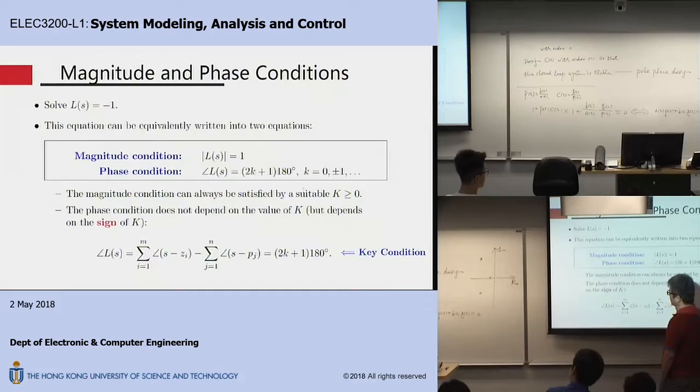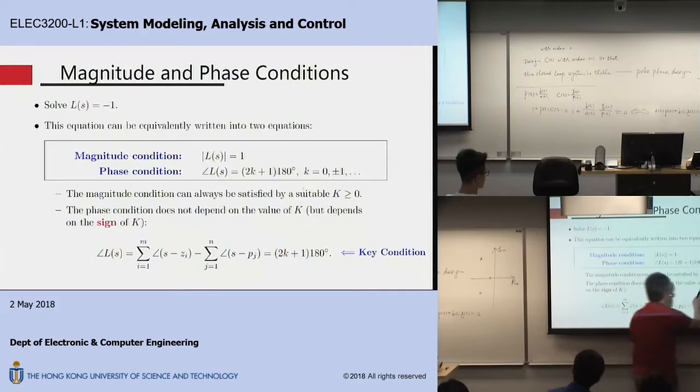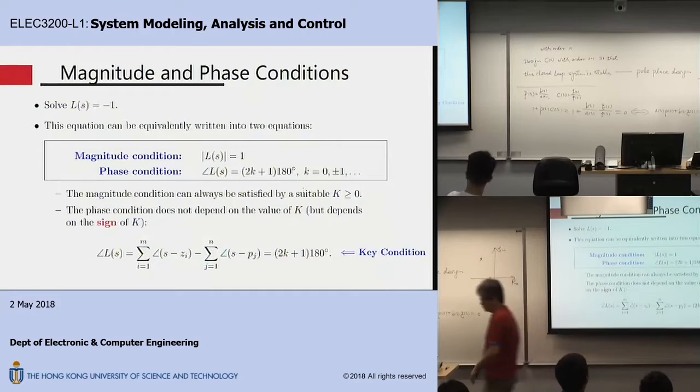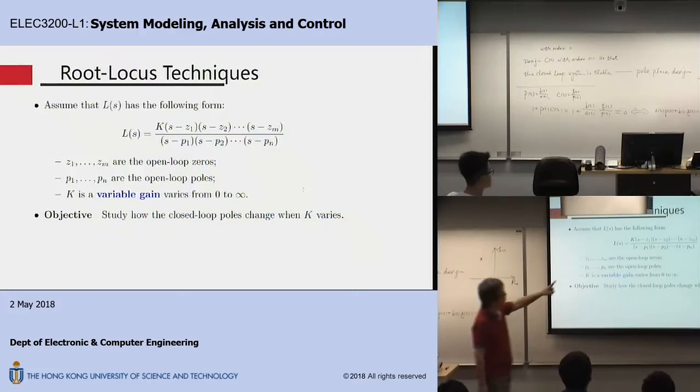But if you look at the phase, you see the phase actually doesn't depend on K. So the phase is equal to, and again we look at L. So L is this thing.